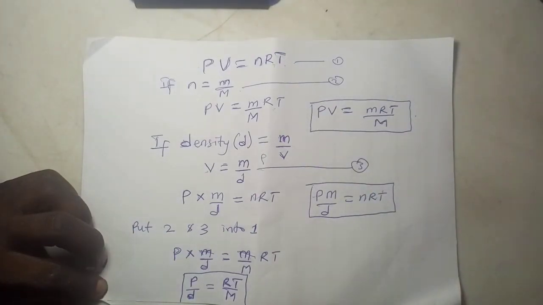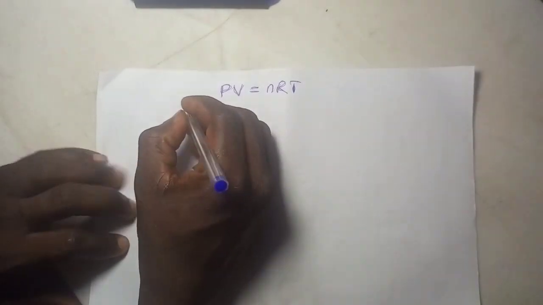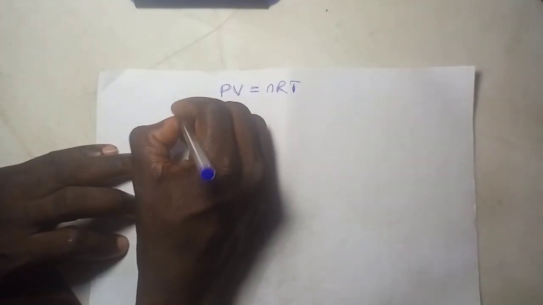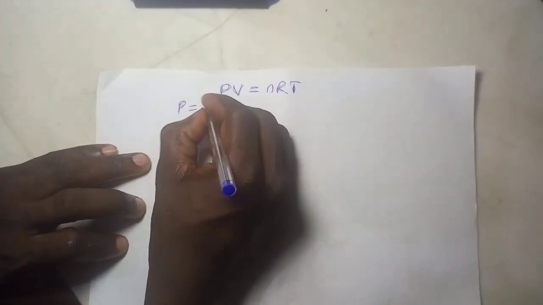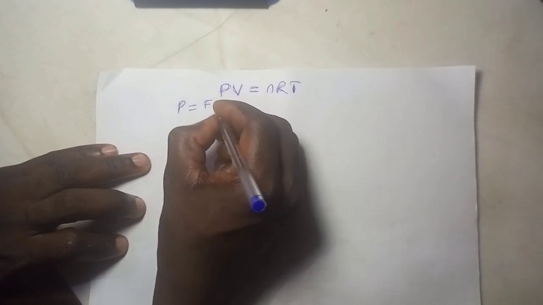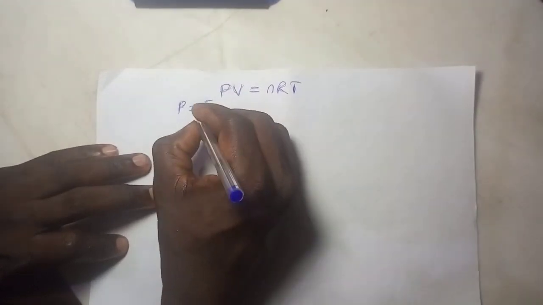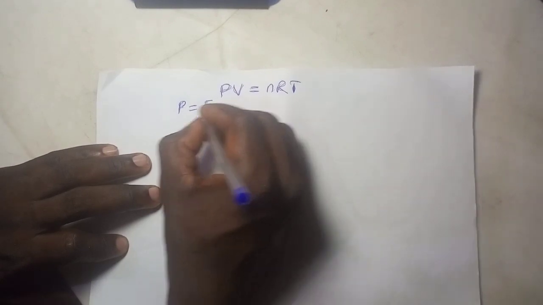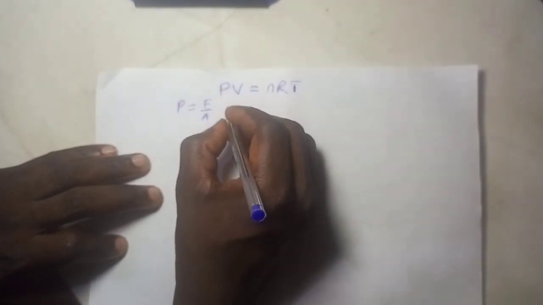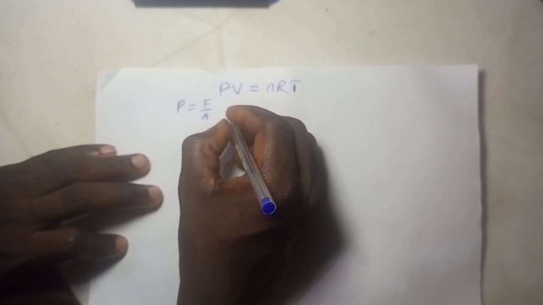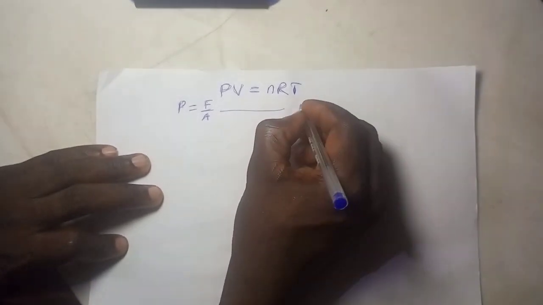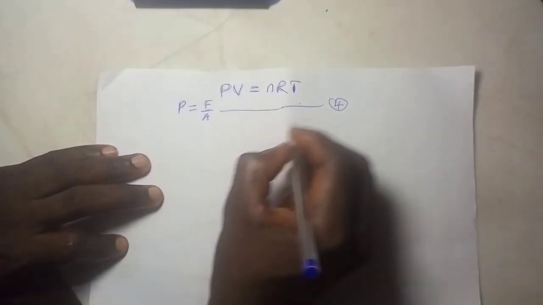Okay, look at this. So where pressure is equal to the force applied over the area, that means if you substitute this into this, okay, let's call this equation 4.